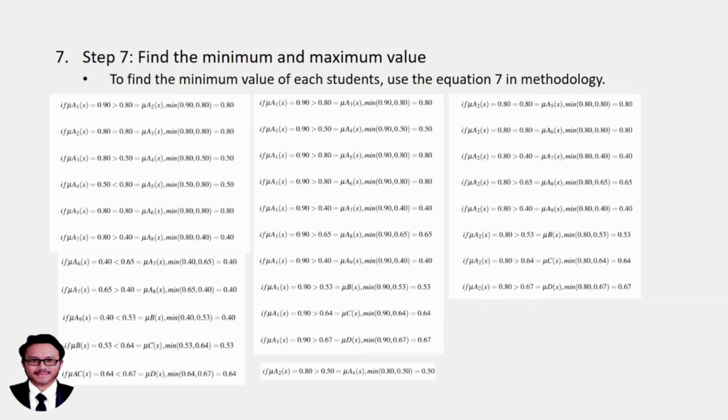Next step is find the minimum and maximum value. We find the minimum and maximum using the equation in the methodology, which is to make a comparison between each value for student 1 and every student.